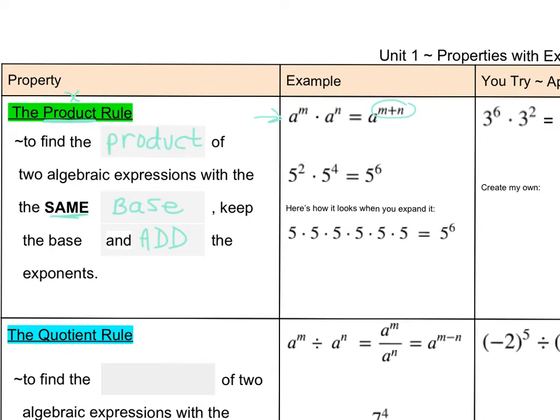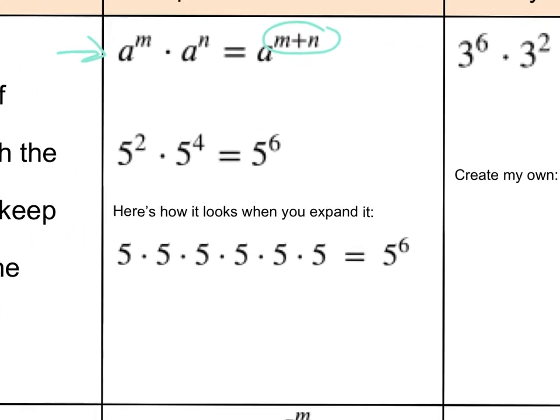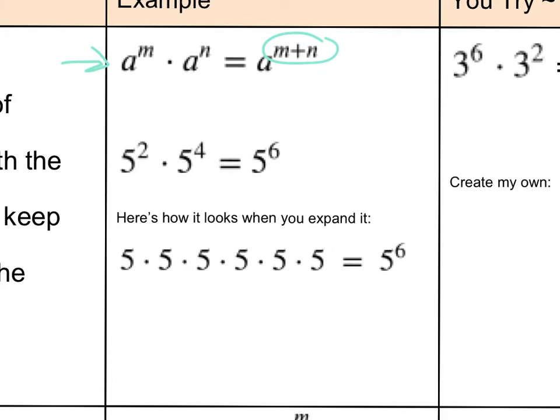Remember over here we said when the bases are the same, we keep the base and add the exponents. So here's an example. 5 to the second times 5 to the fourth equals 5 to the sixth. So we took the 2 and the 4 and added them together, and we got 5 to the sixth.